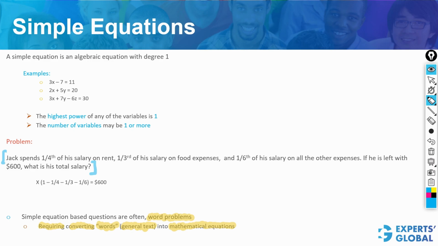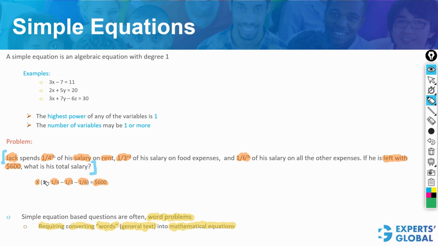Look at this equation. If we assume that Jack's complete salary is X, then 1/4 goes into rent, 1/3 goes into something else, 1/6 goes into something else, and he is left with $600. That's his saving.